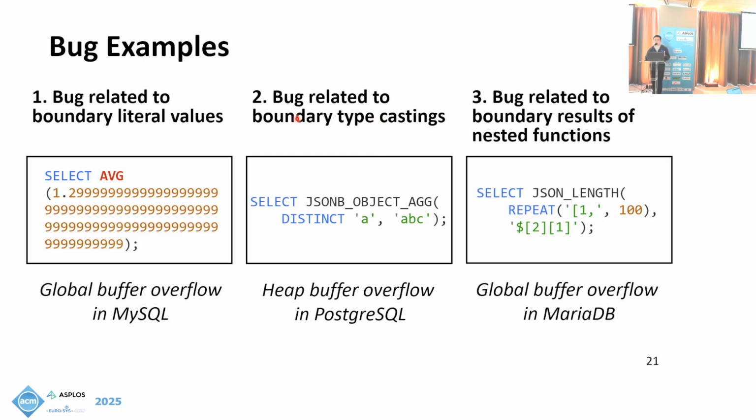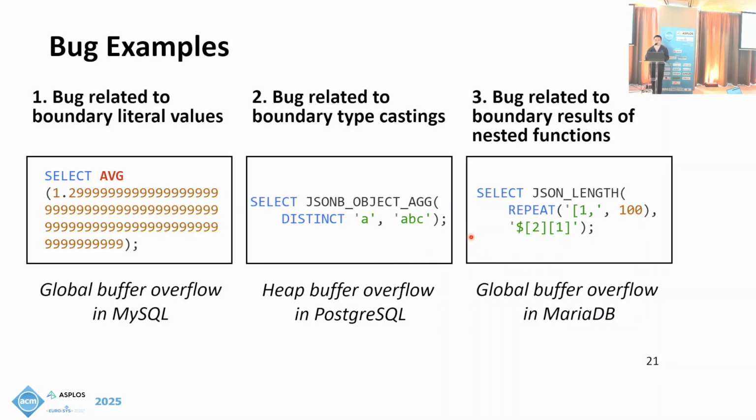Here are 3 bug examples detected by Soft. The first one is caused by a very long float value literal in MySQL's aggregate function. It triggers a buffer overflow when MySQL processes this function. And the second one is caused by an incorrect implicit typecasting of PostgreSQL. While PostgreSQL handles the JSON object aggregation function, the string literal is wrongly converted to the text data type, resulting in a heap buffer overflow.